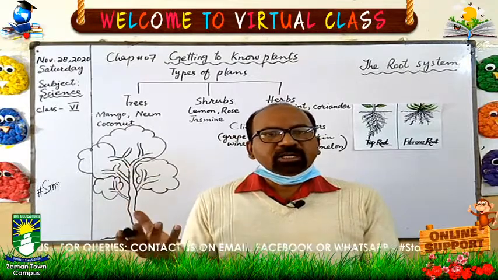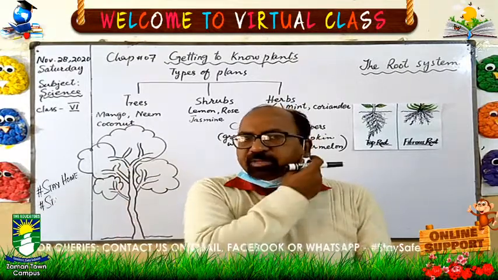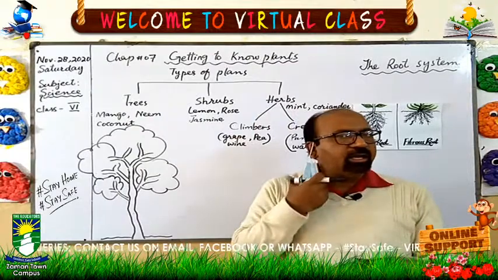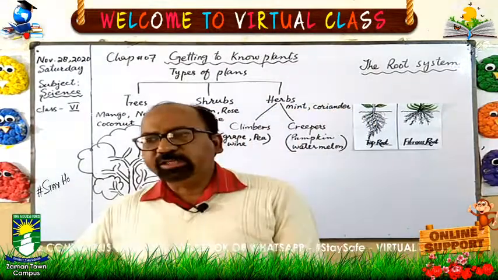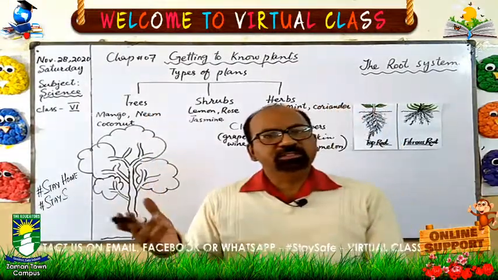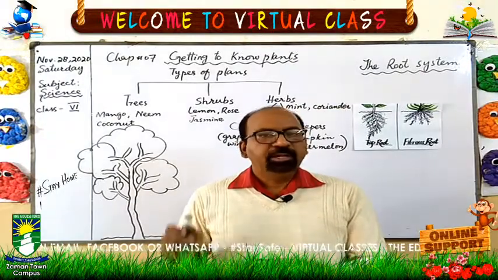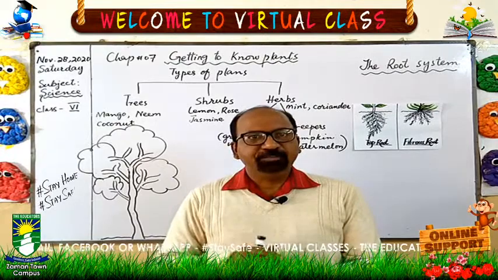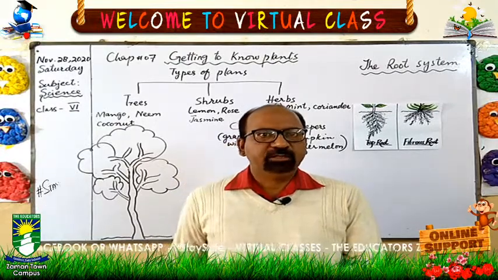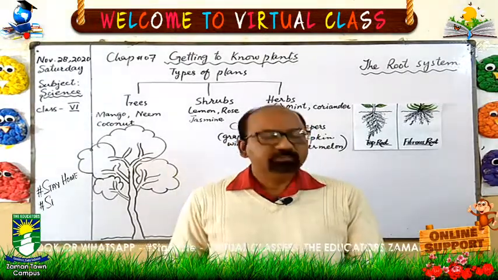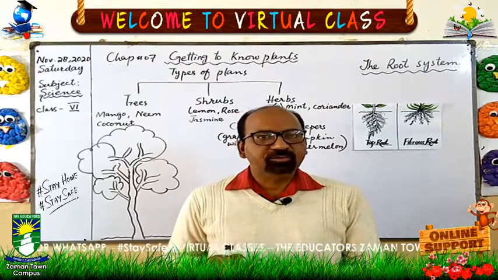Their leaves are different, their stems are different, all the things, their flowers, their fruits, they are different. But it is very necessary that we should know what the kinds, what the types of plants are.